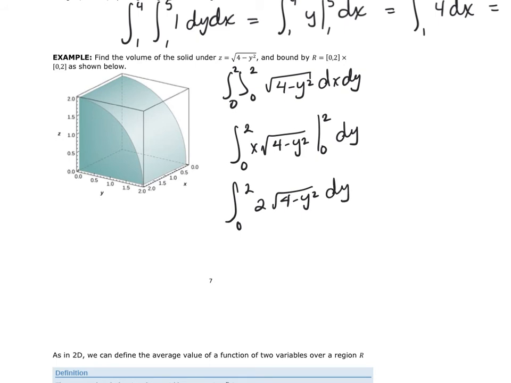So that's not too bad. And so then what I'm integrating is pull a 2 out from 0 to 2 of the square root of 4 minus y squared dy.